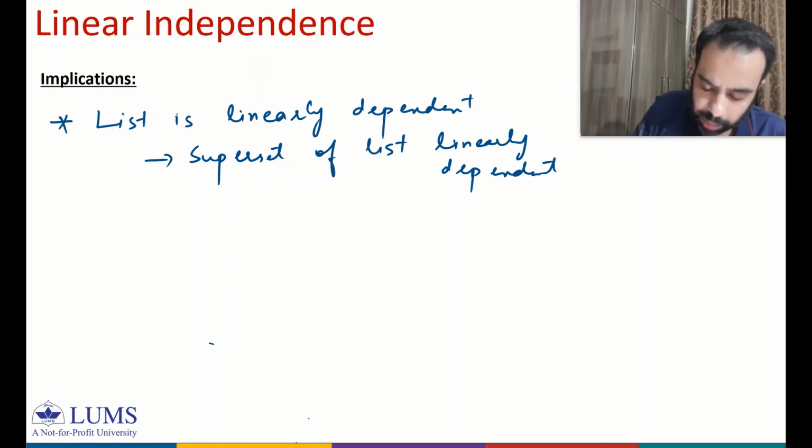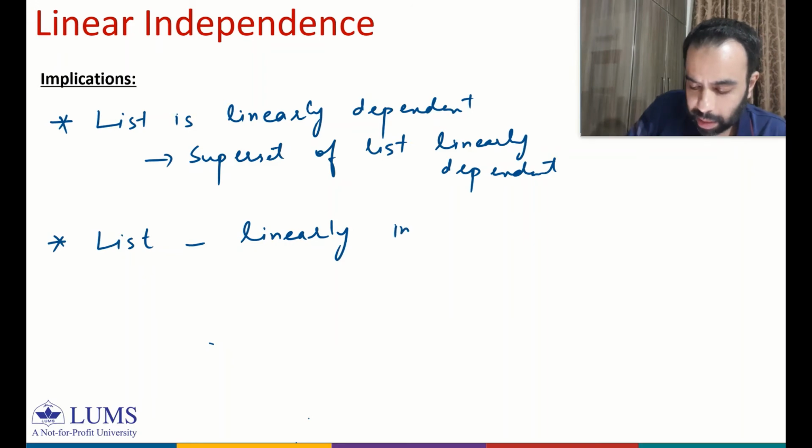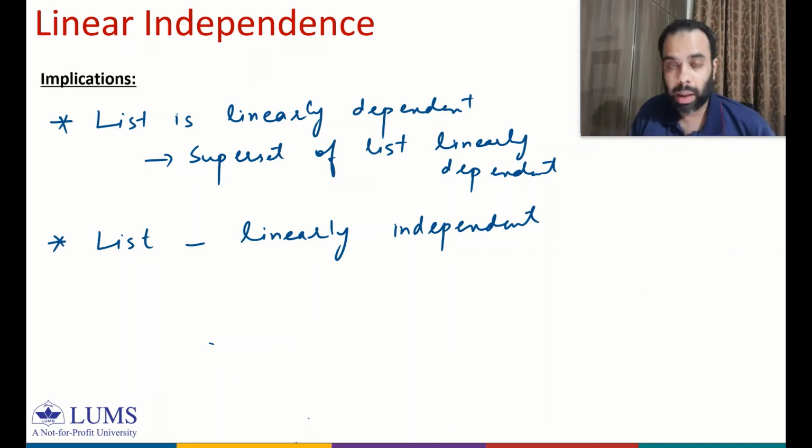The opposite of this would be if you have a list that is linearly independent, and you take a subset of this list, that means you remove some of the vectors from the list, so that would preserve linear independence.